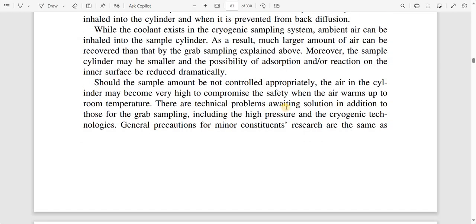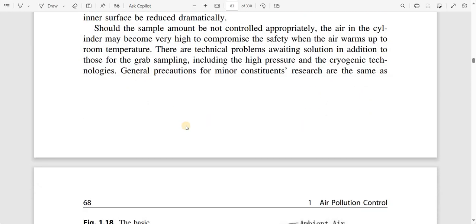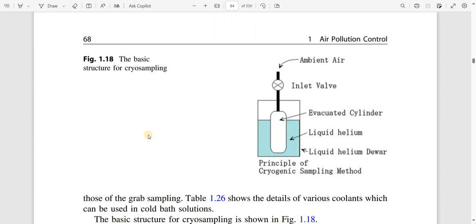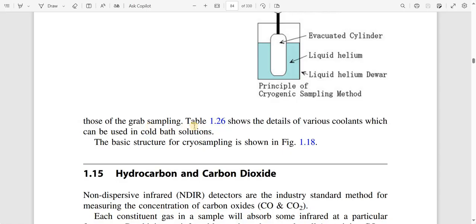There are technical problems awaiting solution in addition to those for grab sampling, including the high pressure and cryogenic technologies. Therefore, precautions for minor constituent research are the same as those of grab sampling.